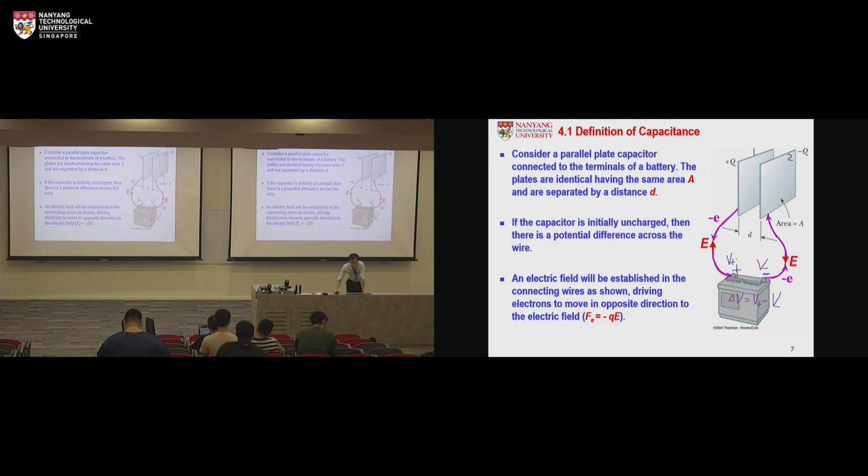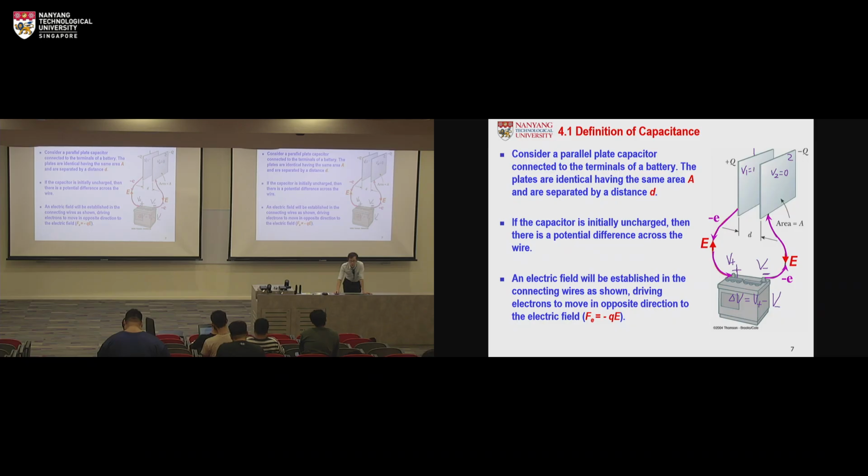And initially, of course, this V1 should be how much? Initially, before you charge the capacitor, what is the electrical potential? Should be 0, right?